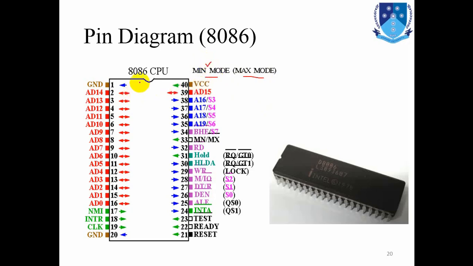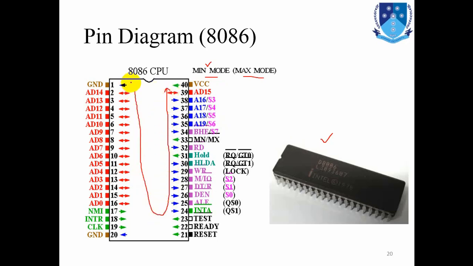Here this 8086 processor has a 40 pin IC as shown over here. Pin number 1 starts from the left of the IC and it ends at pin number 40 in a U-shaped manner, like over here.